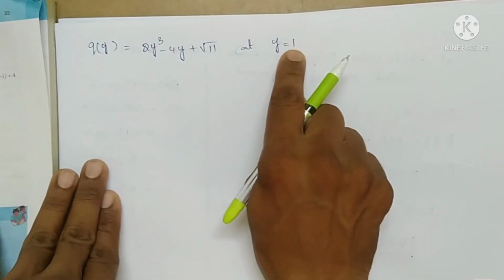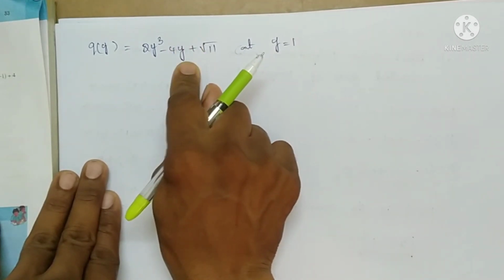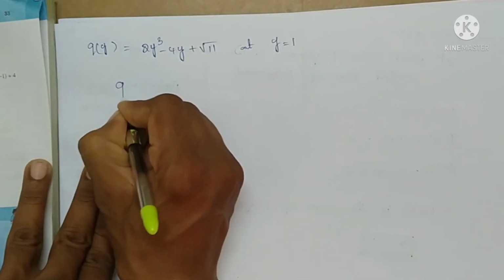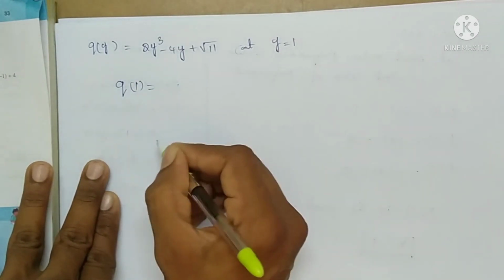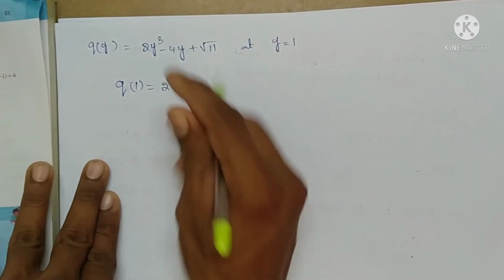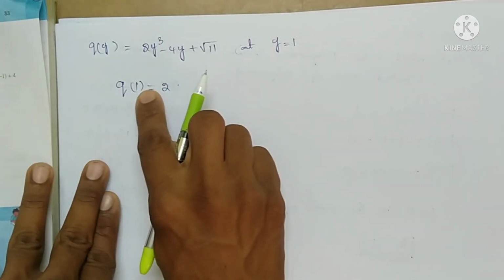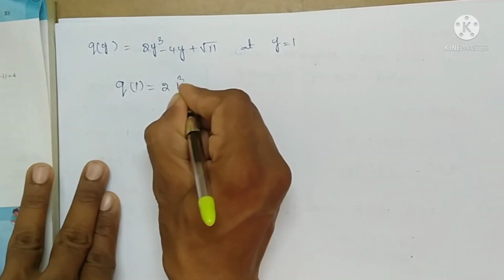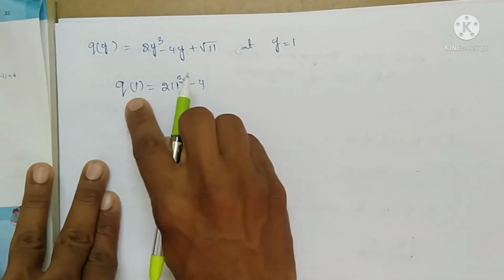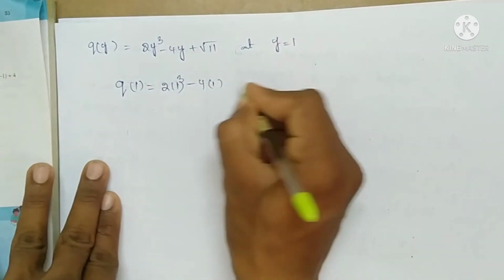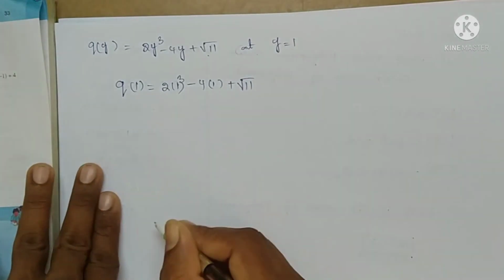Substitute y equals 1 instead of y in our given polynomial. So q of 1 is 2 into y cube, which means 1 cube, minus 4 into y equals 1, plus root 11, the constant term as it is.